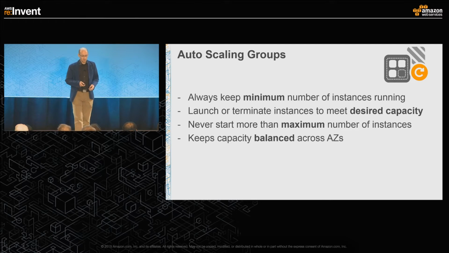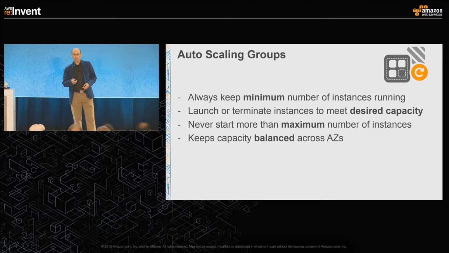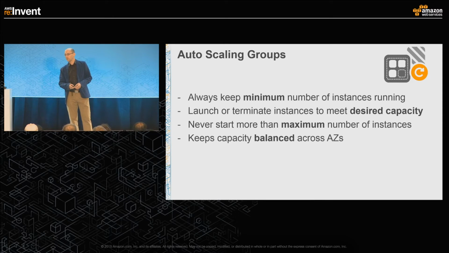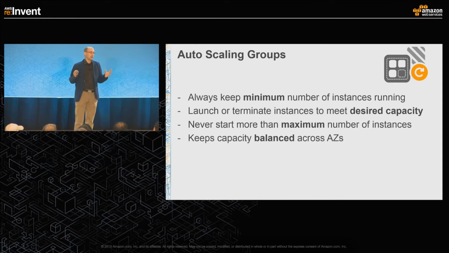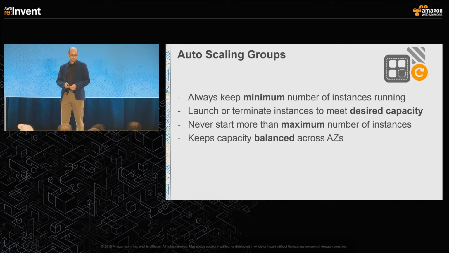And another nice thing is that it works across AZs, and it works across subnets if you're running in a VPC. And whenever you have multiple AZs, for example, auto-scaling will work to distribute the current capacity across the AZs as evenly as possible to make sure that you won't get hit if any problem occurs in one of those AZs.